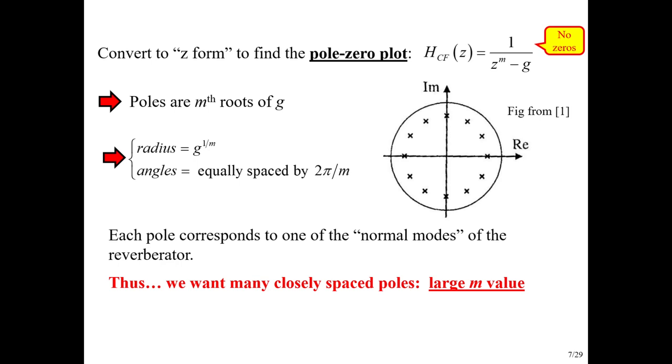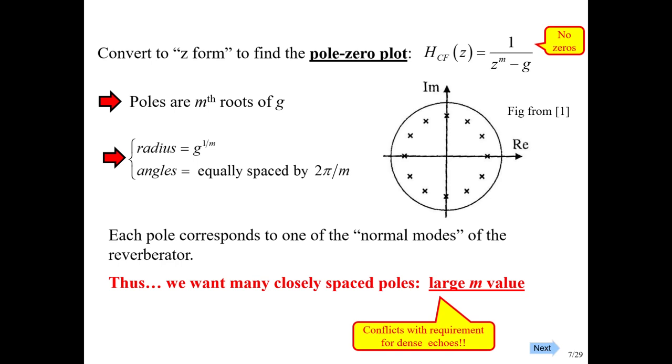But since these are the modes, we need these modes to be very closely spaced. Now, this is an artificially small value of m, because what we see is to make these things very closely spaced, we need a large m value. Then we would get those very closely spaced modes that Schroeder is saying need to overlap and cover the entire frequency range.